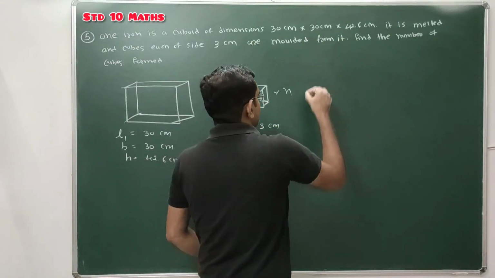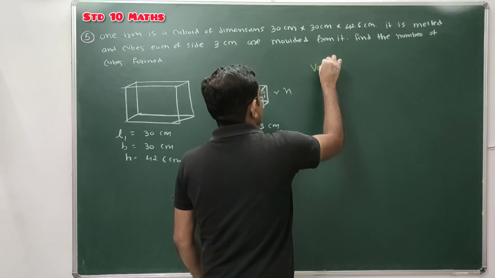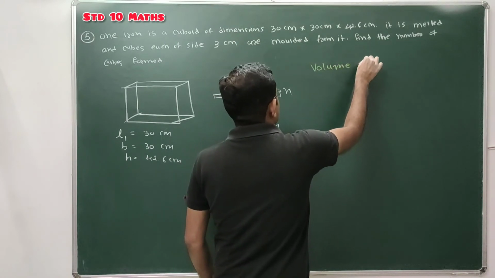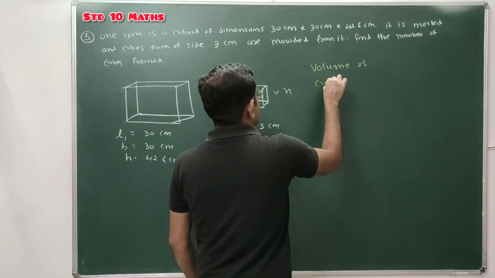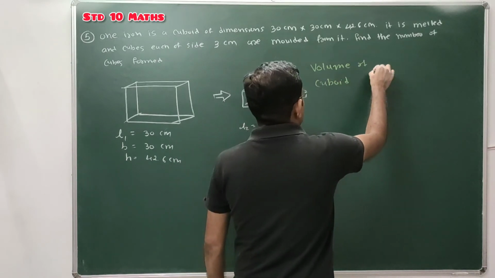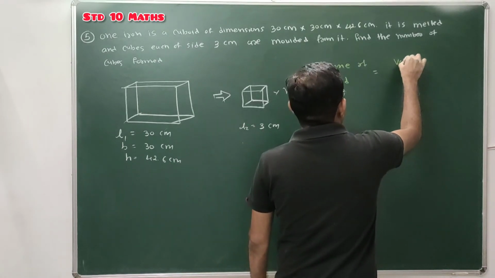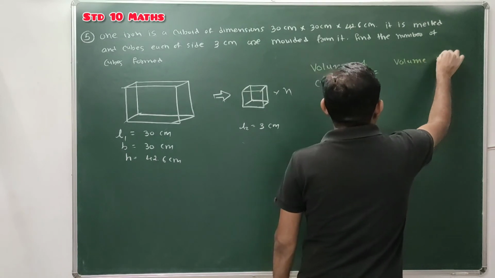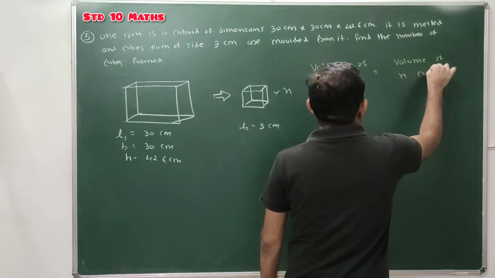So here volume of cuboid is equal to volume of n cubes.